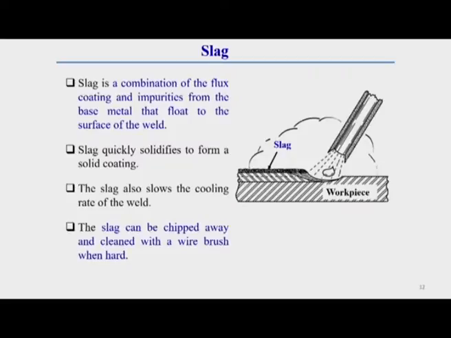One thing you should keep in mind: this slag can be chipped away and cleaned with a wire brush when hard. At the end of the welding, the slag is removed from the welded portion by using a wire brush.